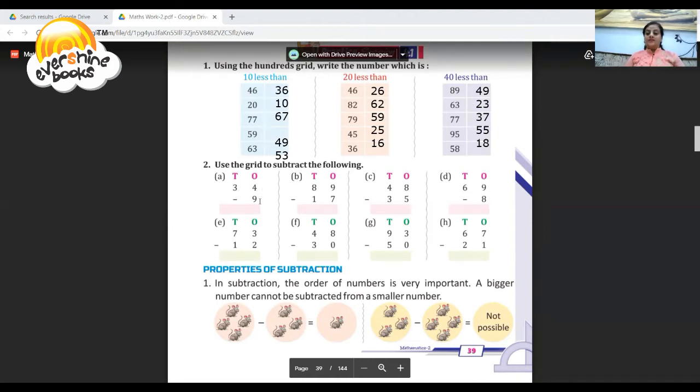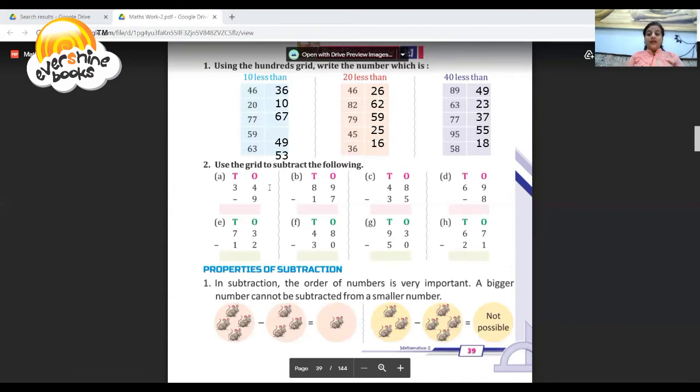34 minus 9 means we have to do the backward counting. That is 34, 33, 32, 31. That means we have taken away 4, and we get 30. When we get 30, we have taken away 4.